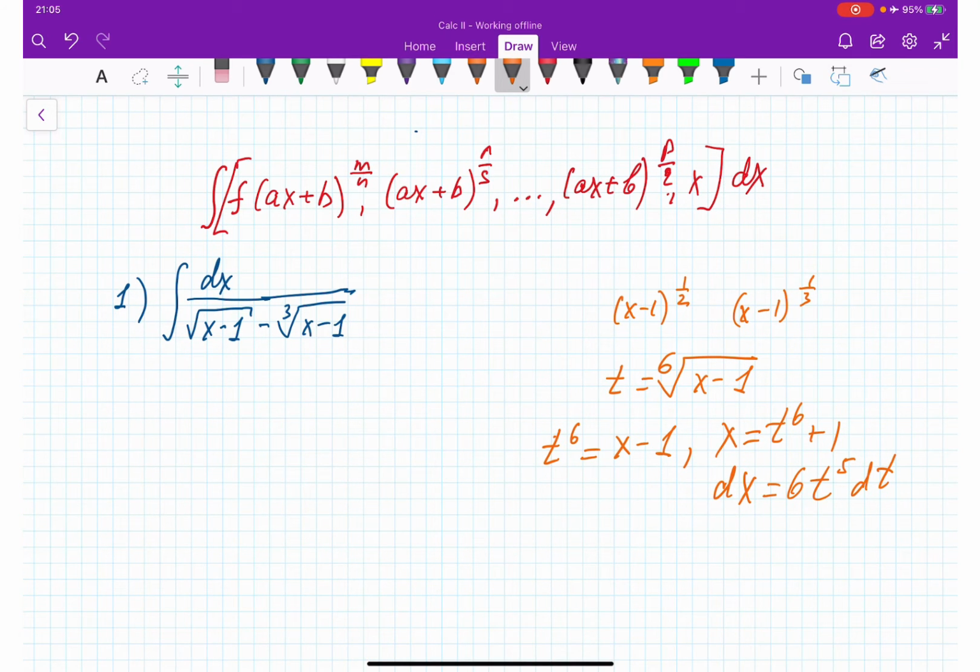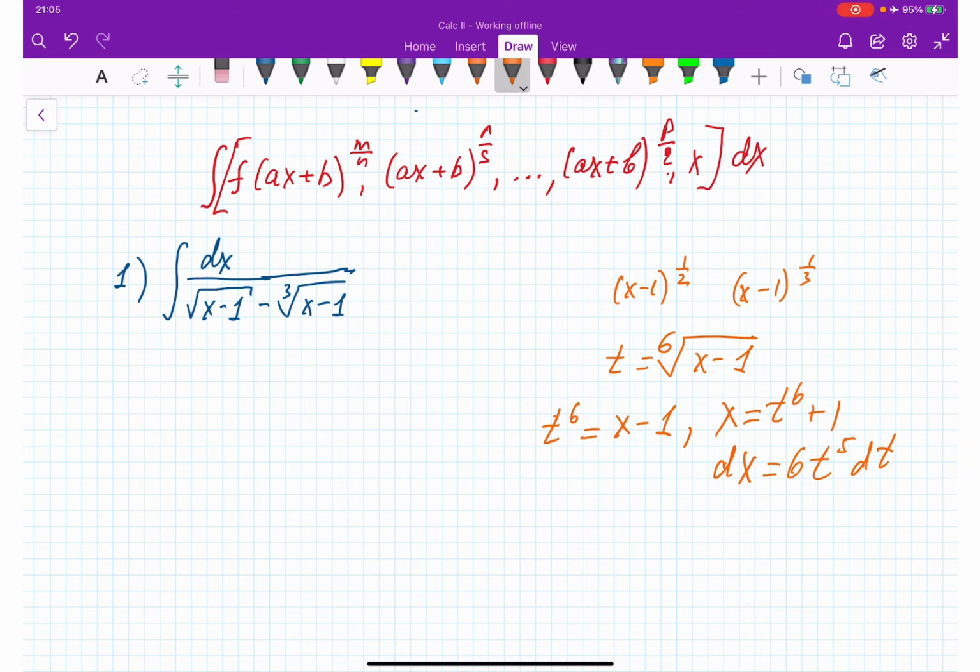Now let's substitute also x minus 1 to power 1/2. Since x minus 1 is t to power 6, I'm writing down t to power 6 and to power 1/2.